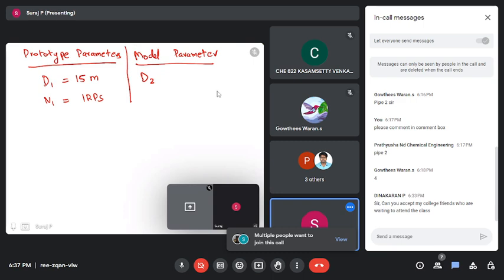The first one was about pressure drop in a circular pipe, and the second one was about the concept of model and prototype. If you have any doubt, you can comment here.